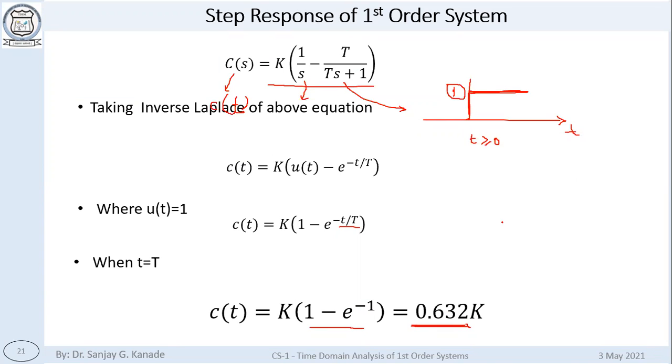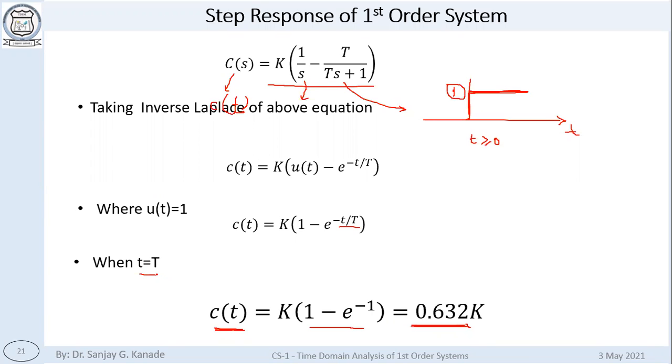Have you seen this number somewhere? 63.2%. You might have said it like this, or 0.632. This is the value that relates to the step response at time equal to the time constant, t is equal to capital T. What does it mean?